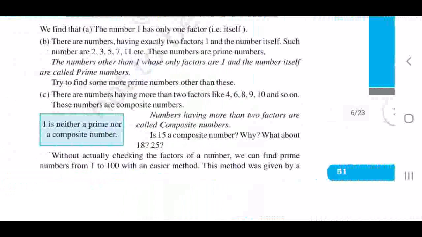The first one: a number other than 1 whose only factors are 1 and the number itself is called a prime number. We have already said what a prime number is. Then in the box you can see 1 is neither prime nor composite. That also we mentioned. Next, what is a composite number? A number that has more than 2 factors is called a composite number.